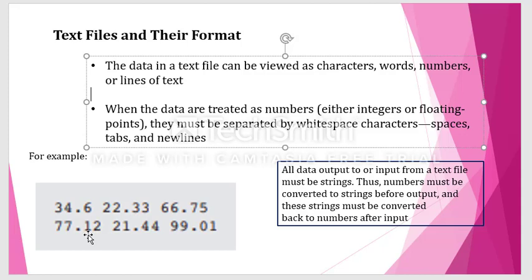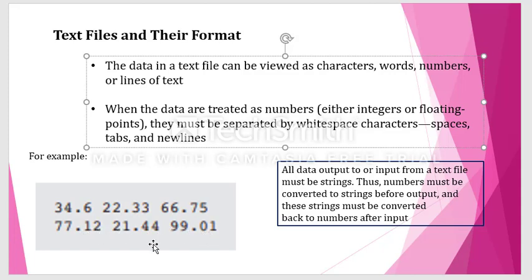I have shown an example here. This is a file which contains 6 values, all of float type. The first one is 34.6, second value 22.33, third value 66.75, fourth is 77.12, 21.44, 99.01.